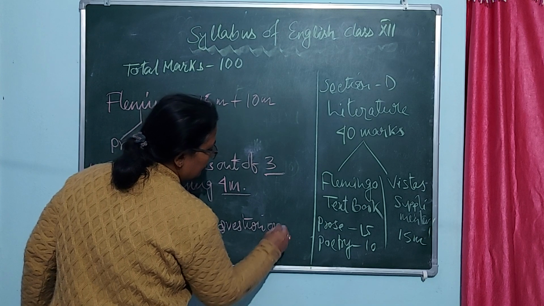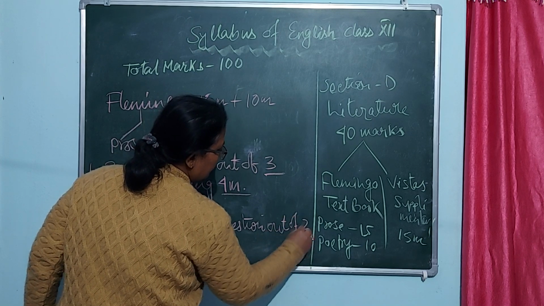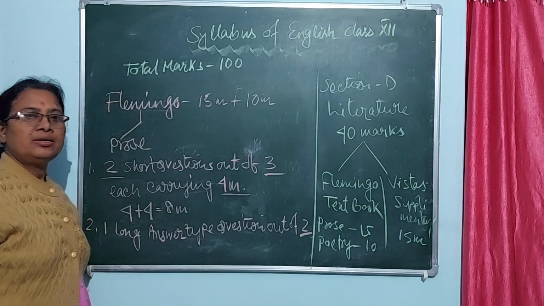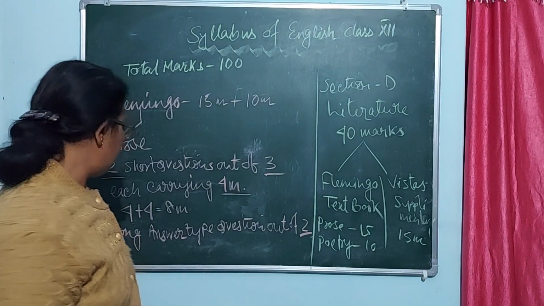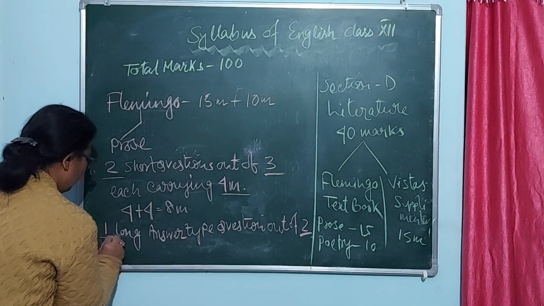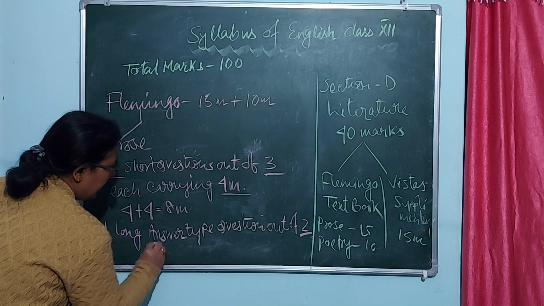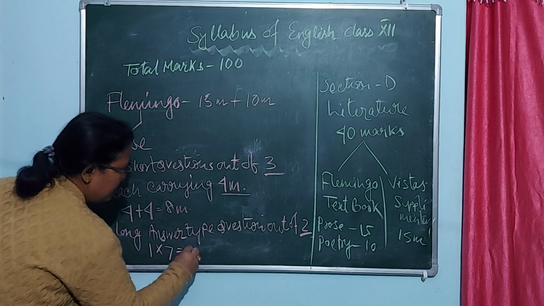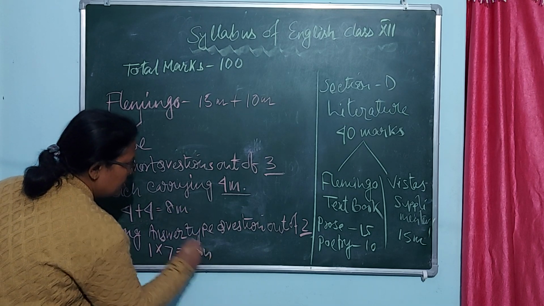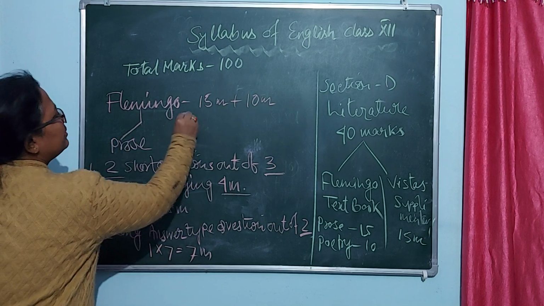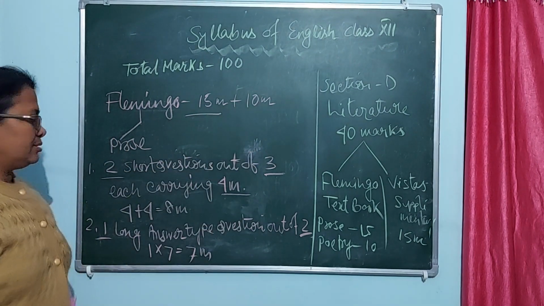Out of 2, 2 questions will be given in your exam question paper. You have to attempt only 1, carrying 7 marks. So 7 plus 8, 15 marks we have got here.